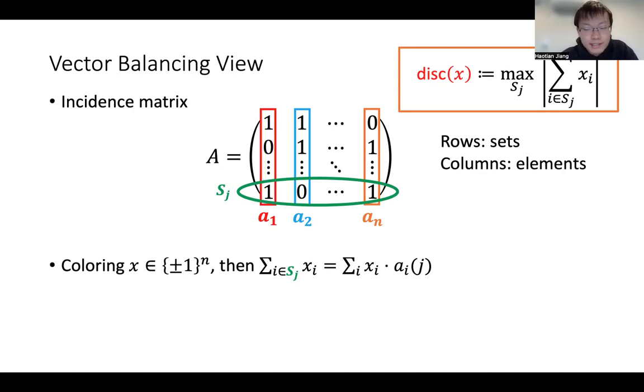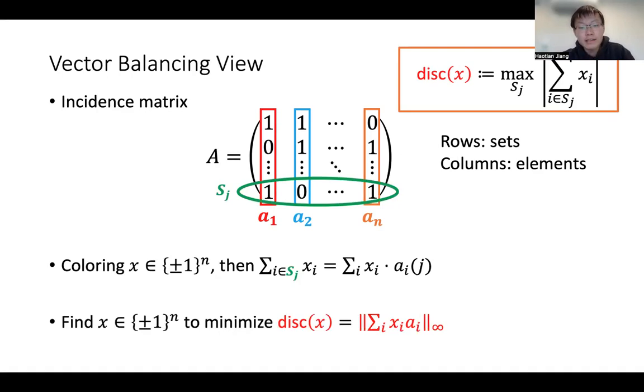So the sum on the right-hand side only picks up those terms i that lie in Sj. So that's exactly the left-hand side. Now if you take the maximum over all the sets Sj, we reach the discrepancy which we defined on the first slide. This is exactly the L infinity norm of the sum of Xi Ai.